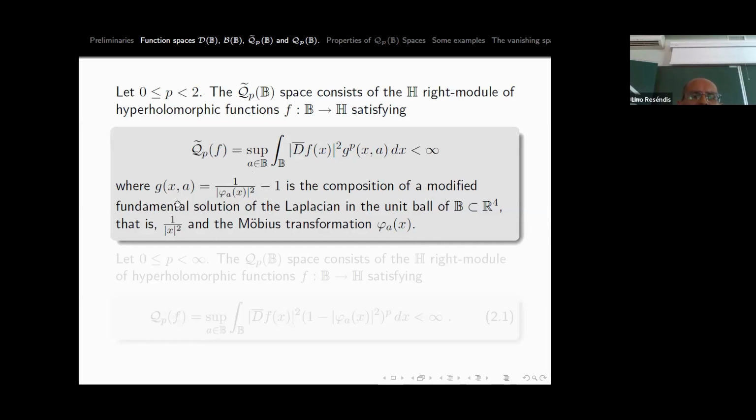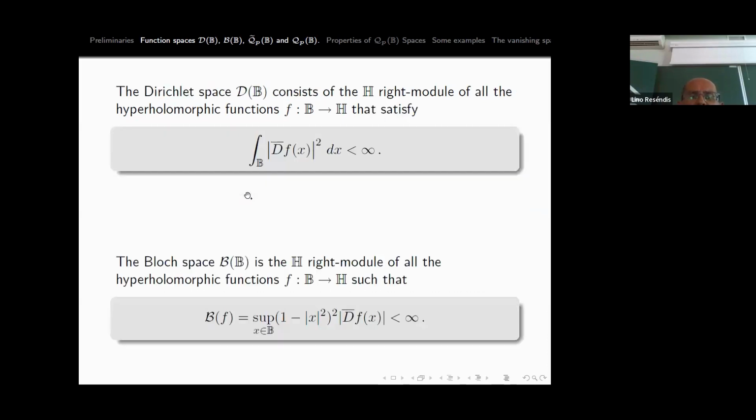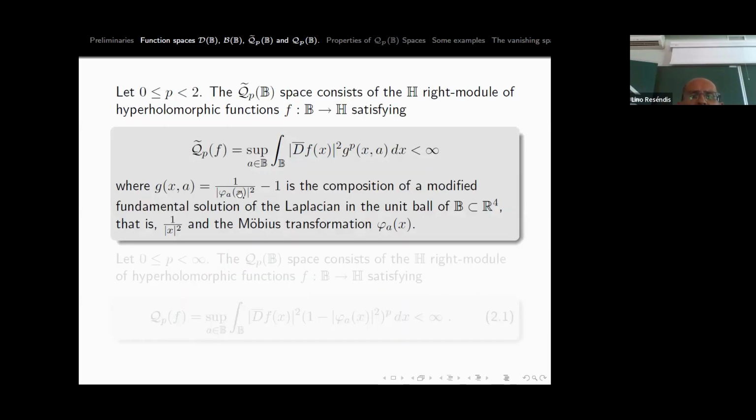Okay, then g is this function, and then we consider the power p of this function. Please observe that if x belongs exactly to the boundary of the unit ball, the modulus of phi sub a of x is equal exactly to 1. By this reason, the weight function on the boundary of the unit ball is equal to 0.